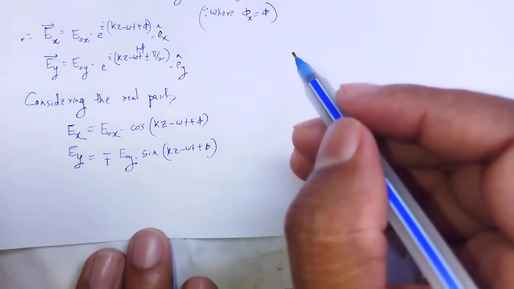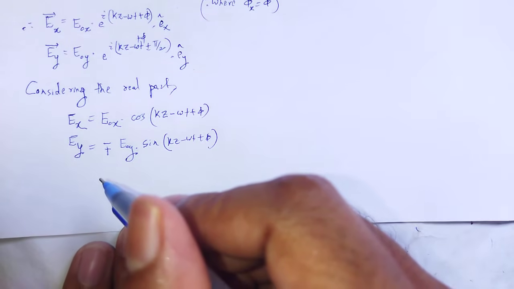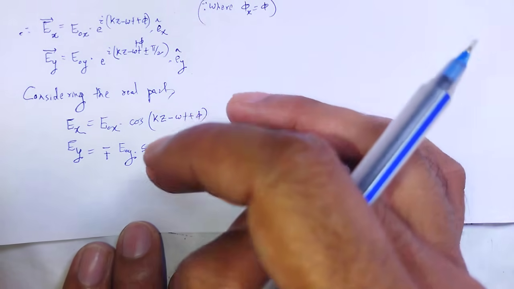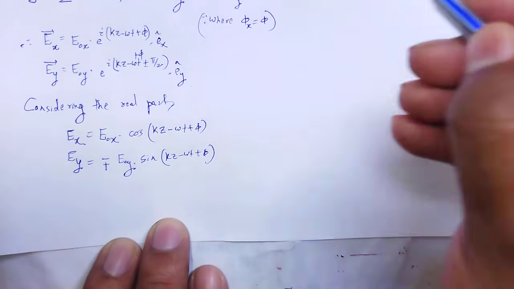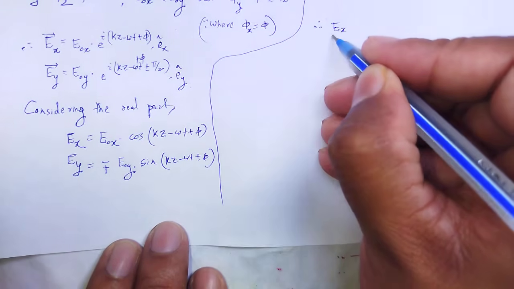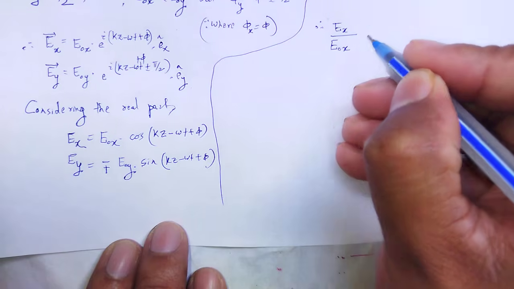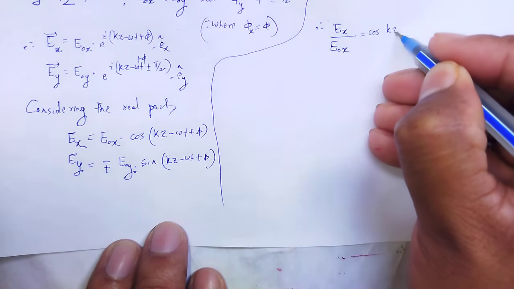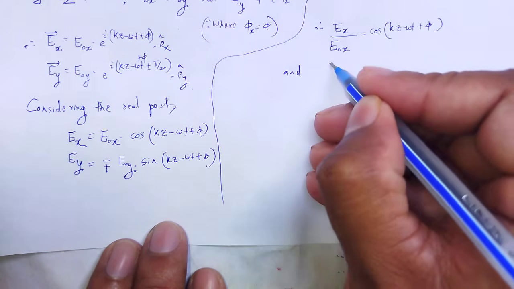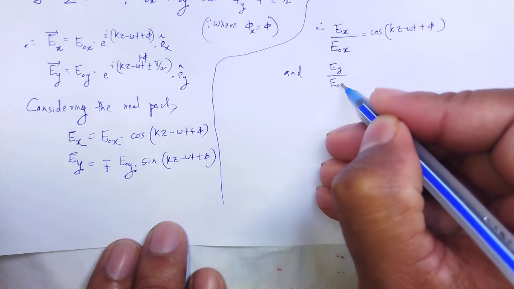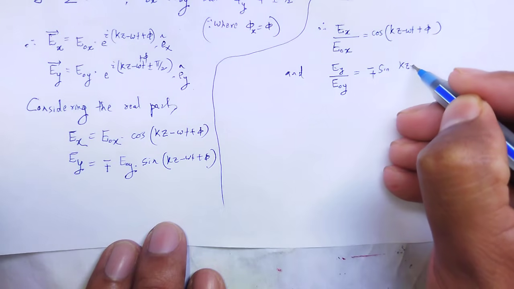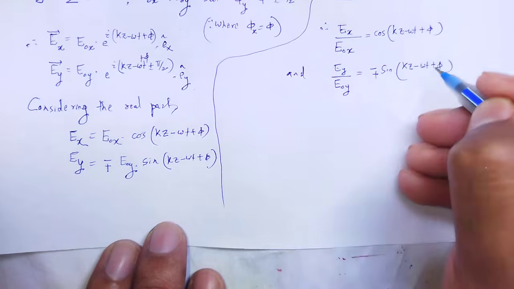Therefore, we have Ex divided by Eox is equal to cos(kz minus omega t plus phi), and Ey divided by Eoy is equal to minus plus sin(kz minus omega t plus phi).